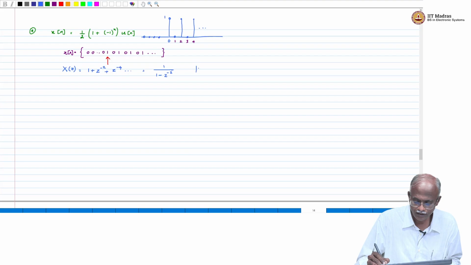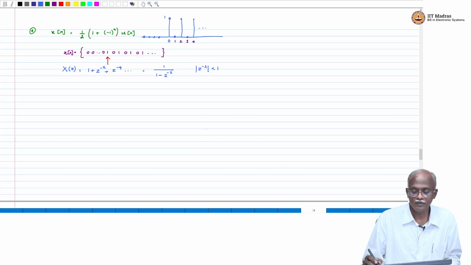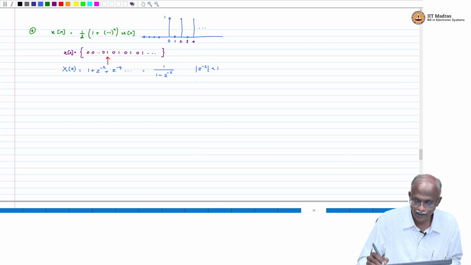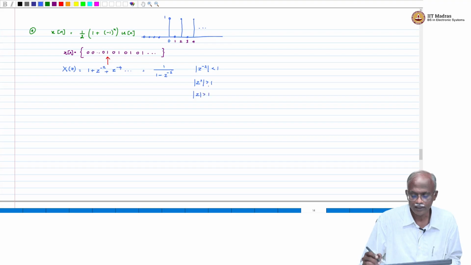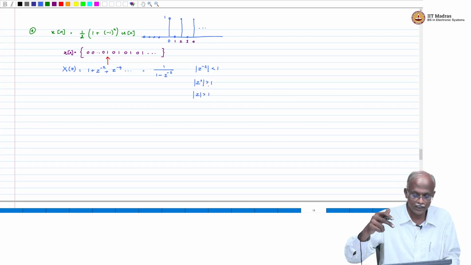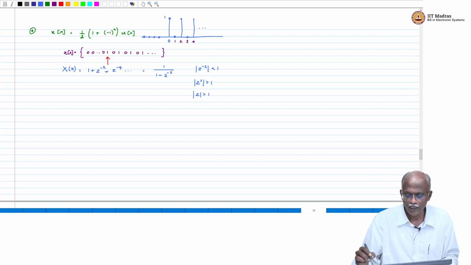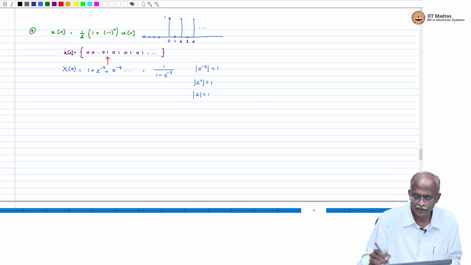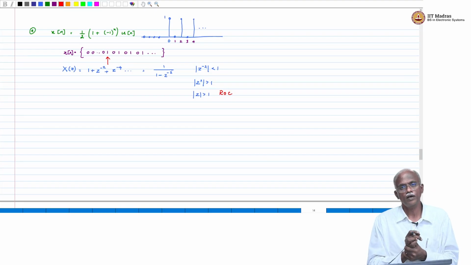What is the condition? Z power minus 2 must be less than 1, which means mod z squared must be greater than 1, which is the same as mod z greater than 1. Okay, only when mod z is greater than 1, mod z squared will be greater than 1. So this is the region of convergence.